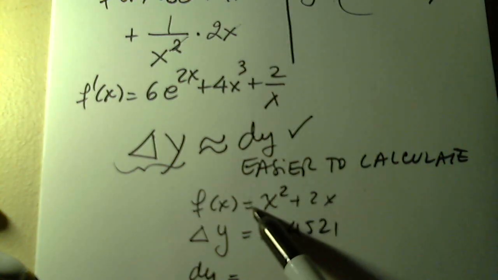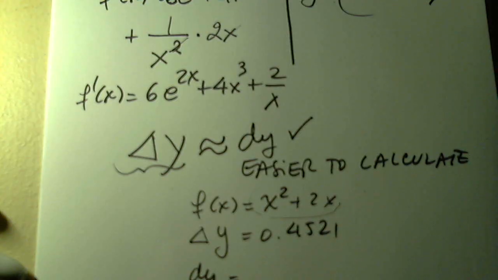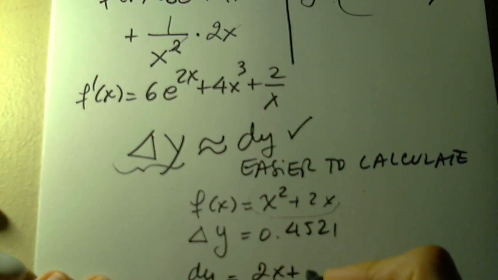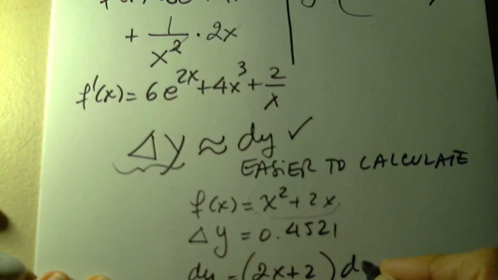Not the derivative, the differential. Is it 2x plus 2 times 0.4521? Careful, this is something else.